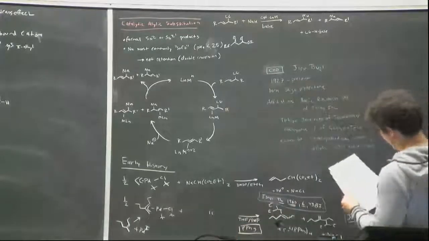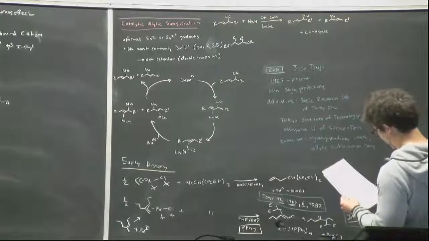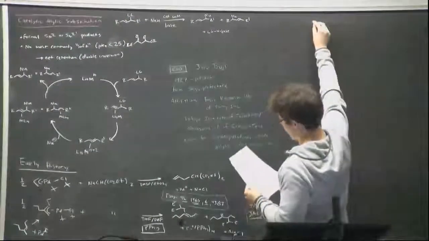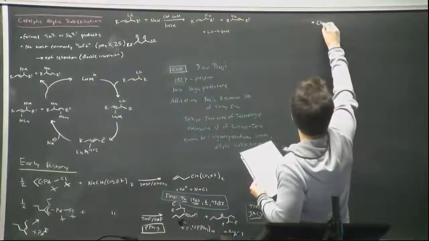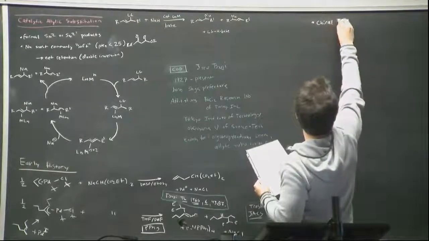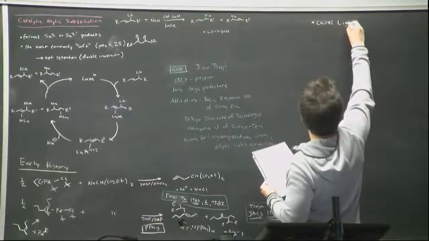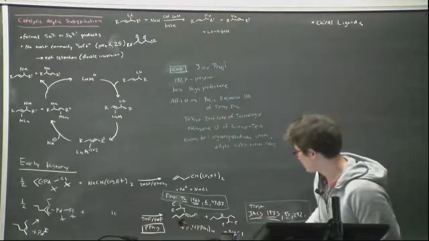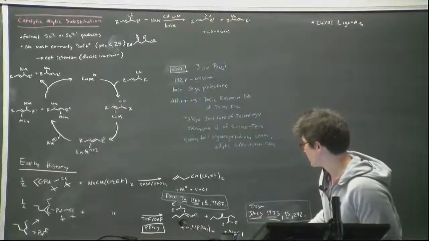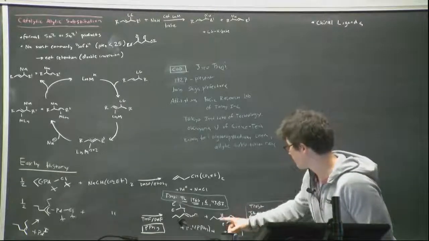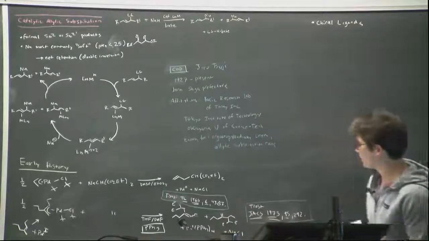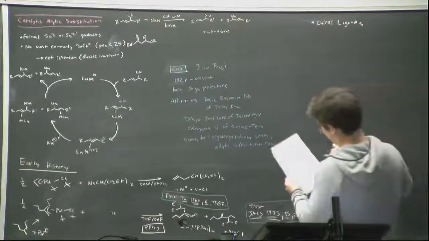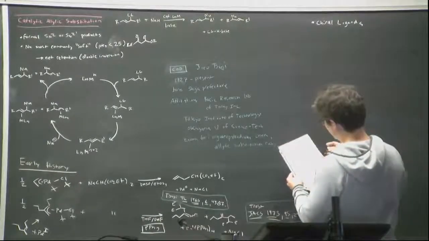Almost immediately after this discovery, in fact, the same year, the Trost lab recognized that because this reaction creates a new stereocenter, or depending on which isomer is obtained, it can create a new stereocenter, it would be powerful if rendered enantioselective.